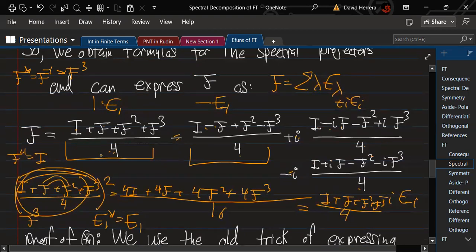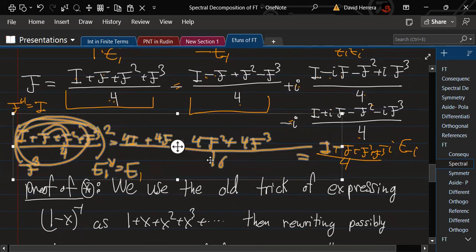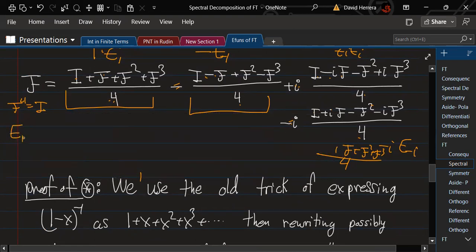So if you do the adjoint of E1, let me erase this so I have some space. E1 adjoint. We have I adjoint plus f adjoint plus f squared adjoint.